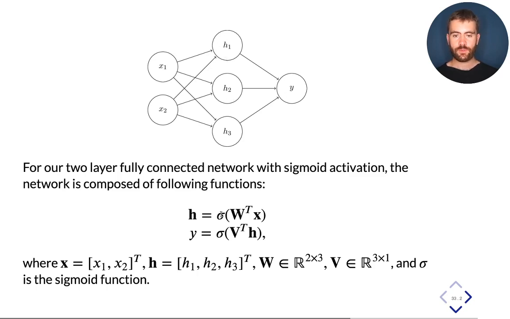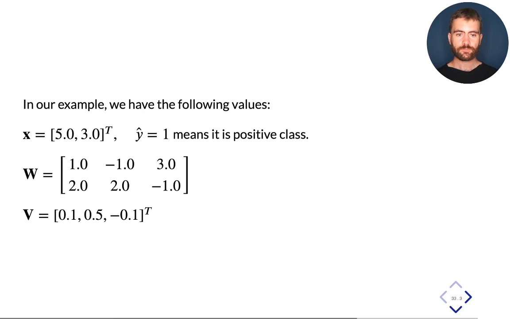Here H is given by sigma of W times X, and V is going to denote the weights of the output layer Y. And we're going to use sigma as our activation function in all the layers. So let's assume that we have the following set of weights. We have the following target, Y hat, and this is our input.